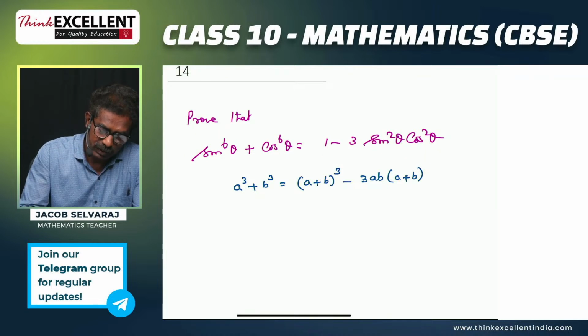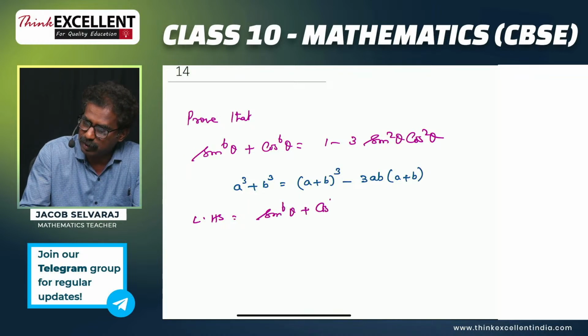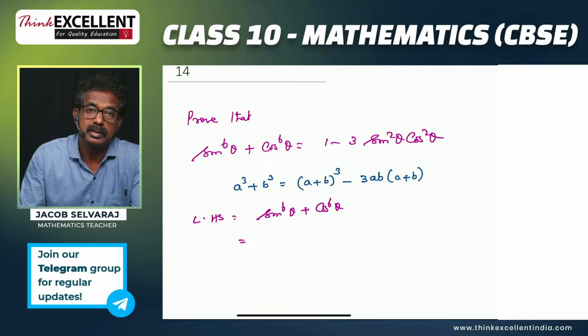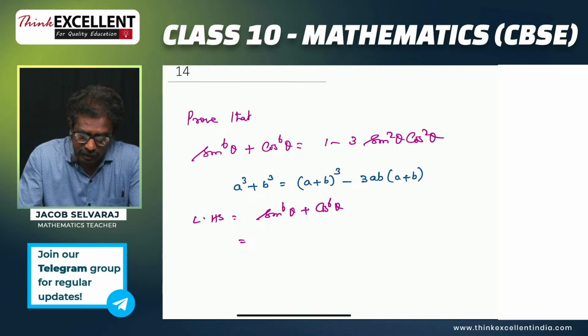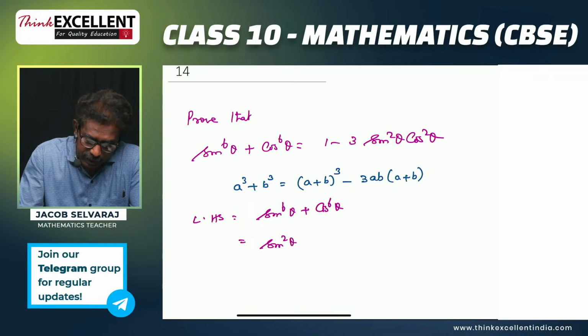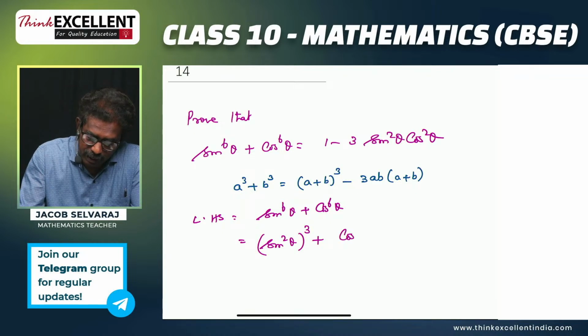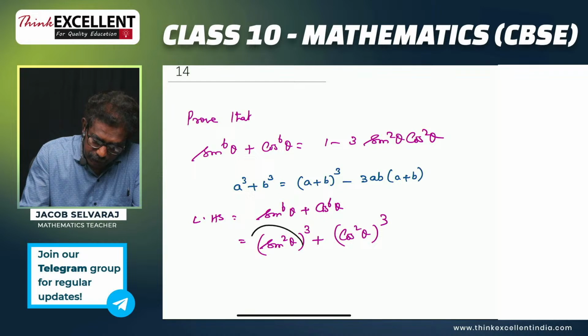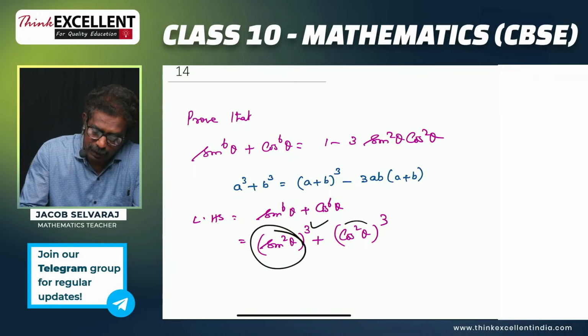So we start with LHS. Sin power 6 theta plus cos power 6 theta. Sin power 6 theta, you can write it as sin square theta the whole cube. Cos power 6 theta, cos square theta the whole cube. Now this is of the type a cube plus b cube, right?